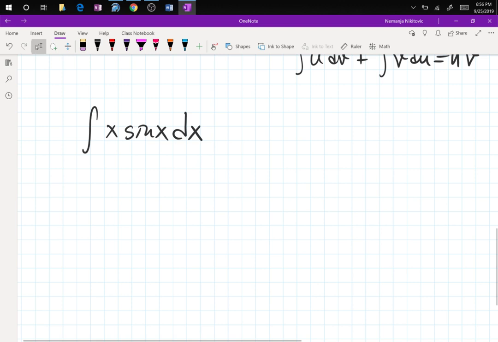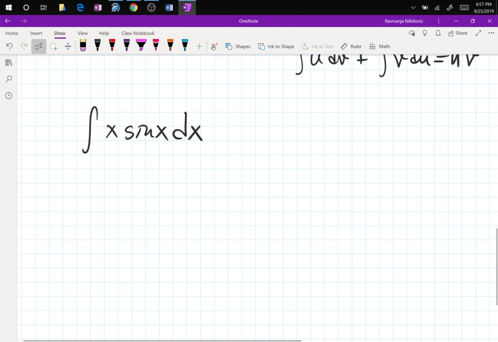And as it goes in life, we would like to see if there is any old method that we learned at some point that we can use. So is this a basic integral? No, because it has 2 separate functions multiplied. Can we separate this into two basic integrals?